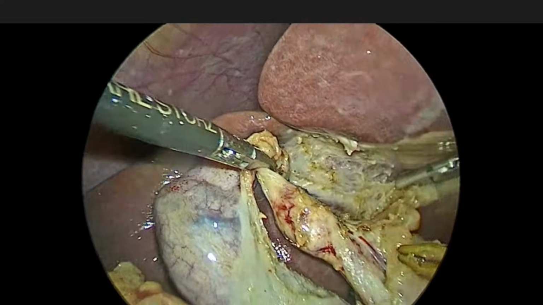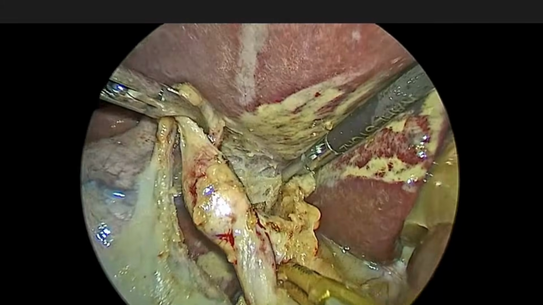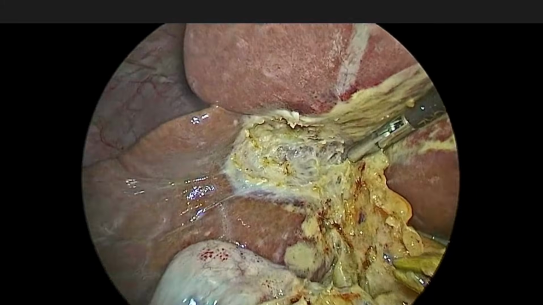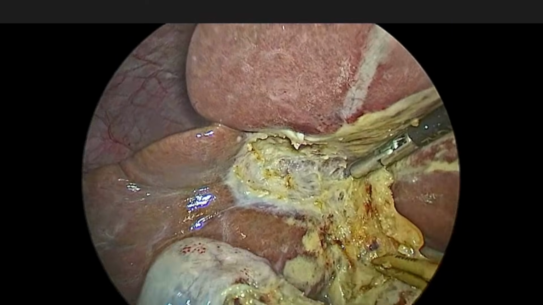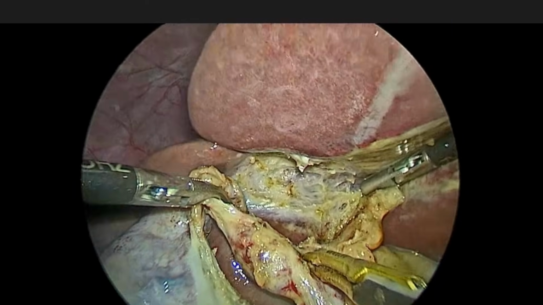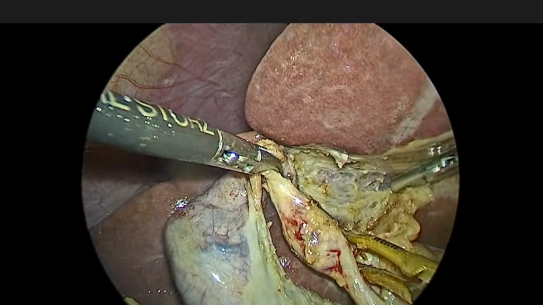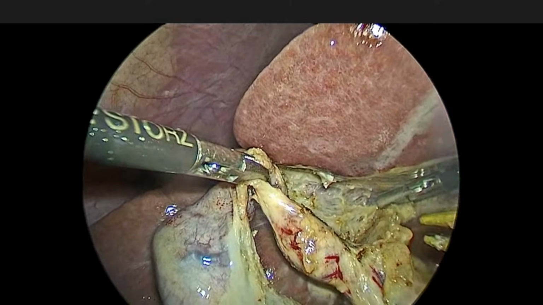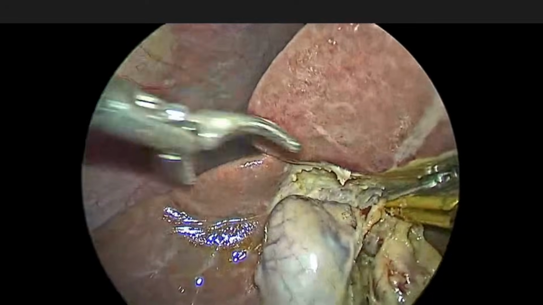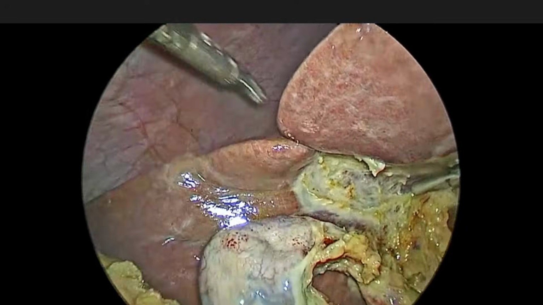You can see the cystic duct here, and it is difficult to create a plane to dissect it and separate completely from adjacent tissues.